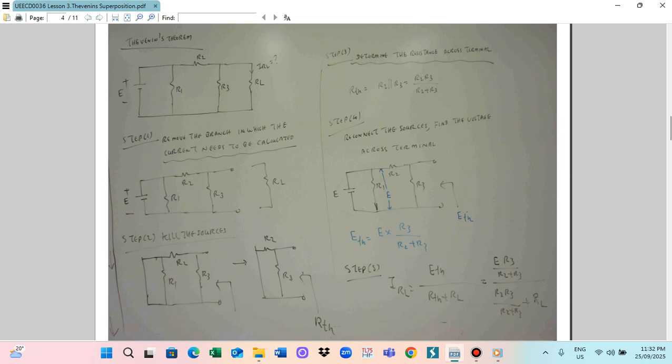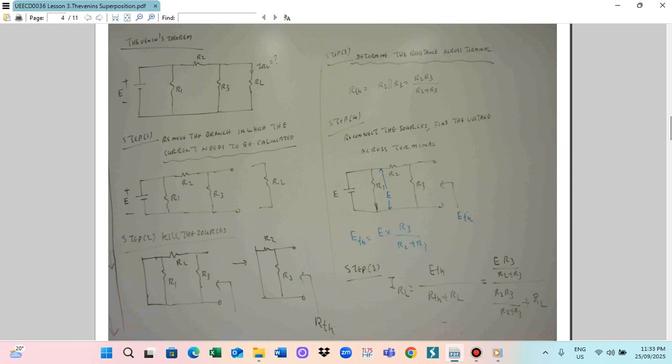We remove the branch in which the current needs to be calculated. We want the current flowing into RL, so we remove RL.